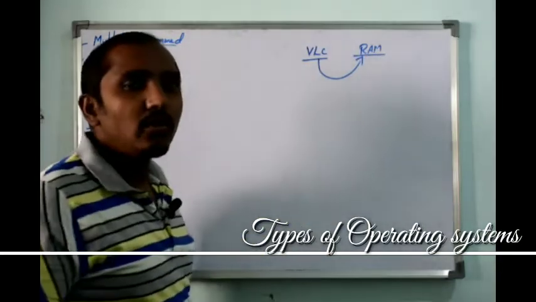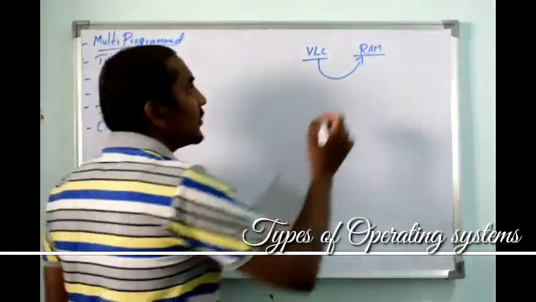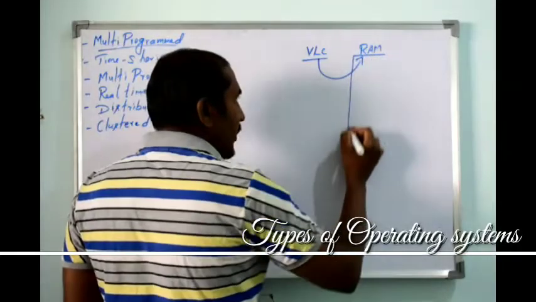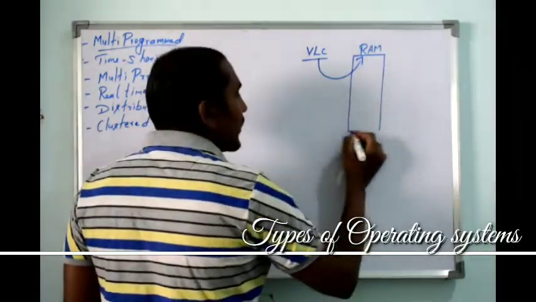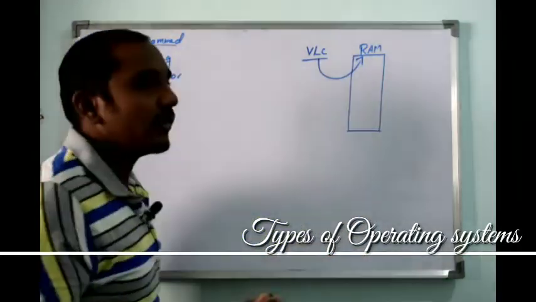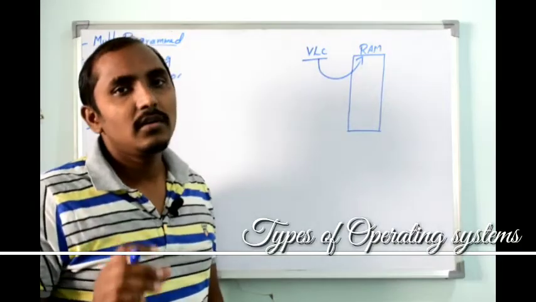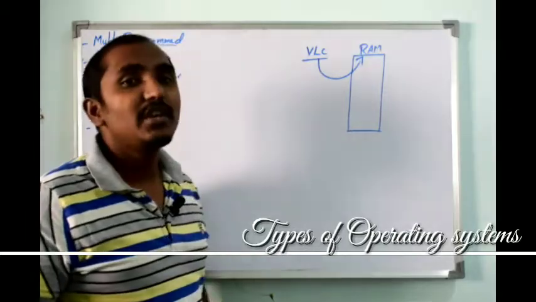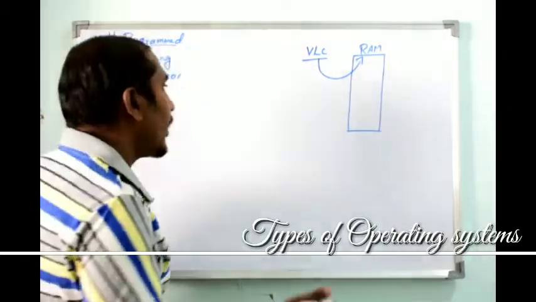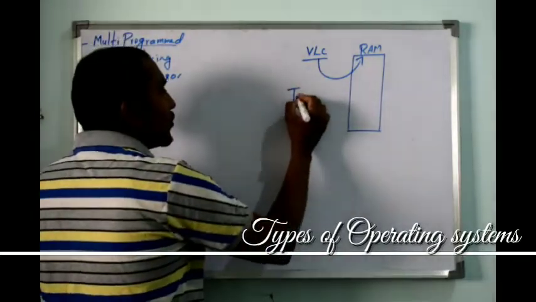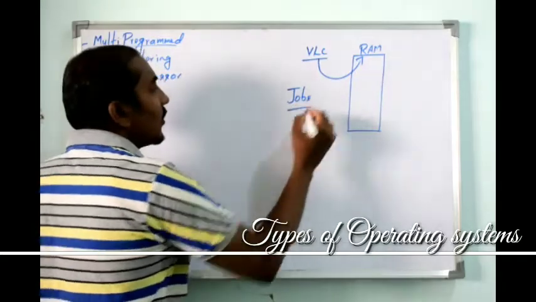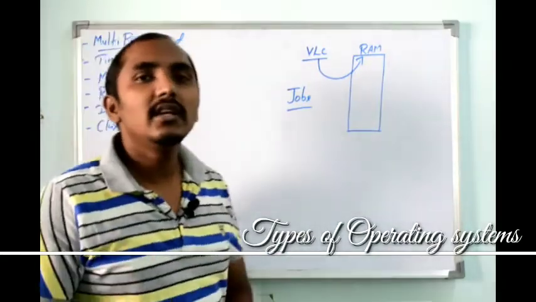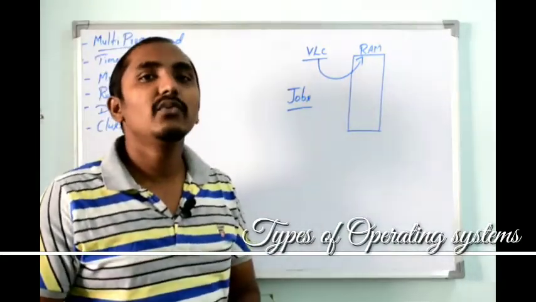Once it is loaded onto the primary memory, the RAM will contain the list of programs which can be executed. Those programs we consider as jobs. A job is simply a program that is waiting for execution.